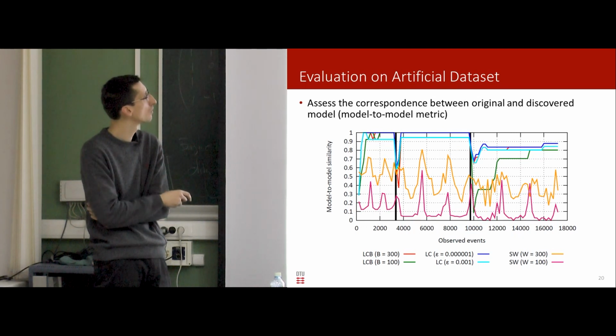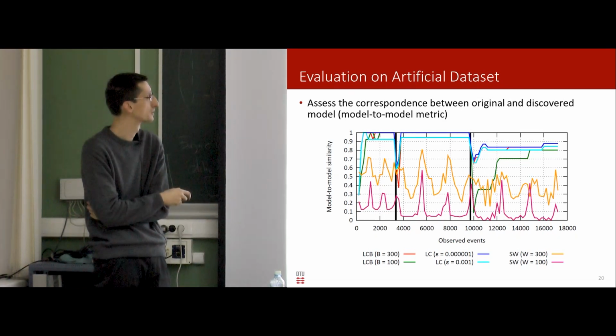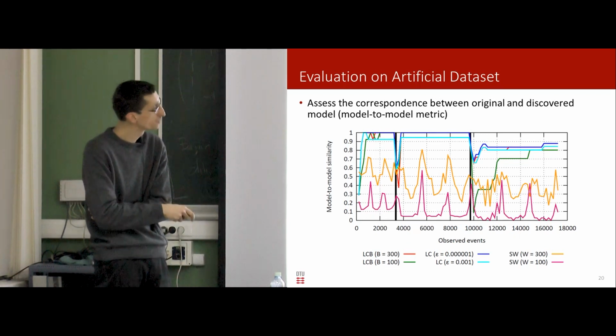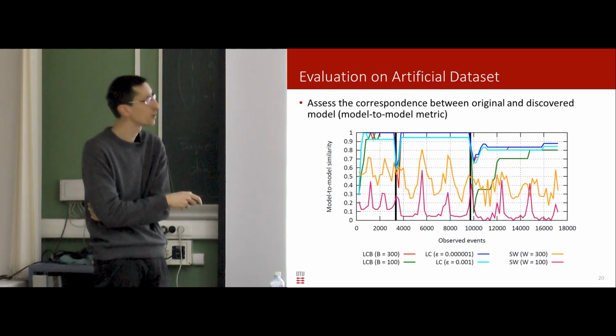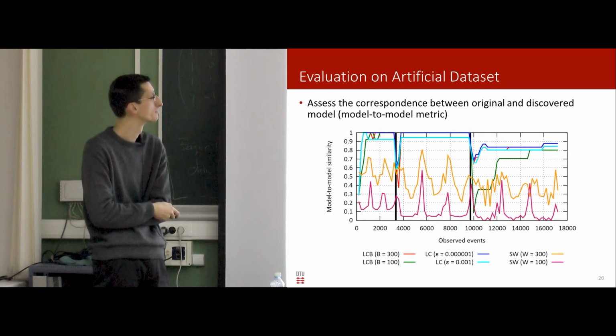And as you see, more or less all of them are able to achieve very good results. What is interesting is that after a concept drift, they drop in quality because they need some time to adapt. Apparently this second concept drift is a bit more tricky because it seems to take a bit more time before the adaptation happens. And probably if we had kept this going longer, they would have increased their quality too.